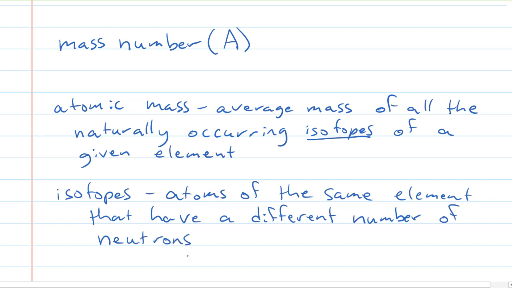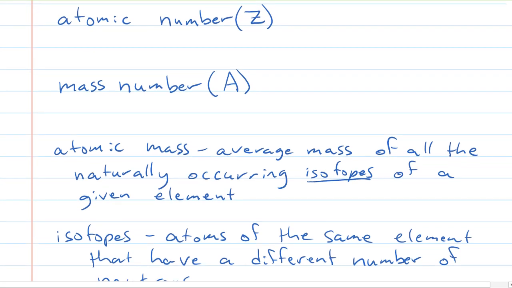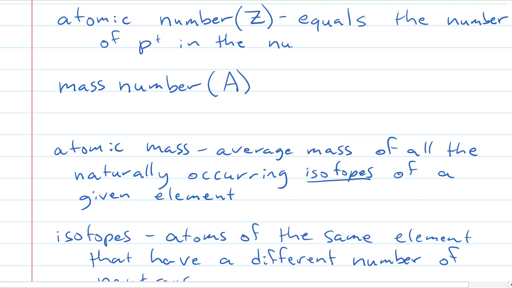So we've brought up a whole bunch of different words here. We still haven't really defined what the atomic number is. We showed what the atomic number is, but what is the atomic number equal to? Number of protons. So this equals the number of protons, and I'll just give it its abbreviation. So it's equal to the number of protons in the nucleus of one atom of that element.